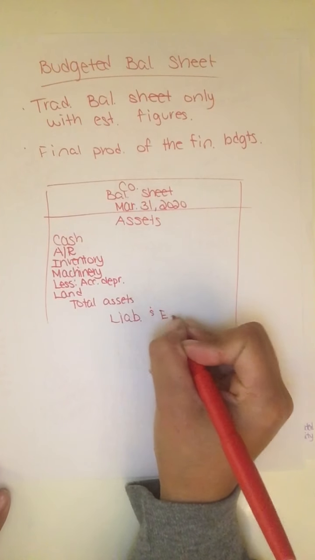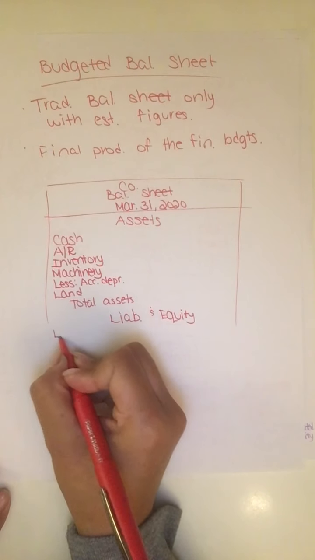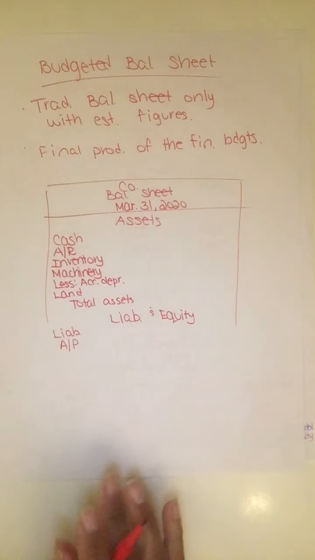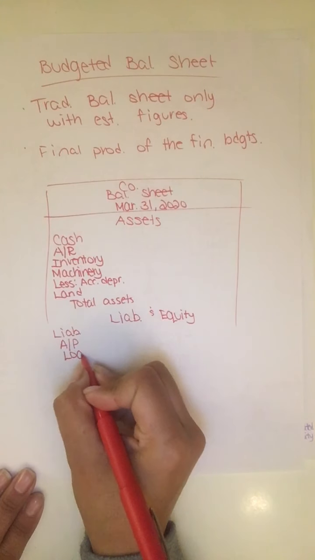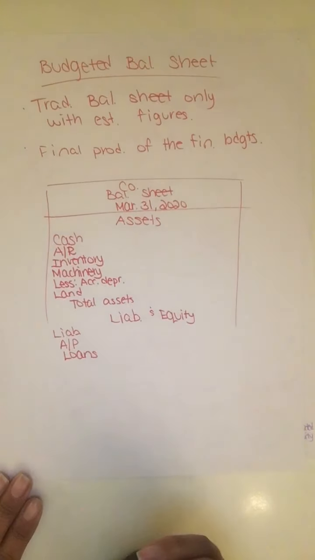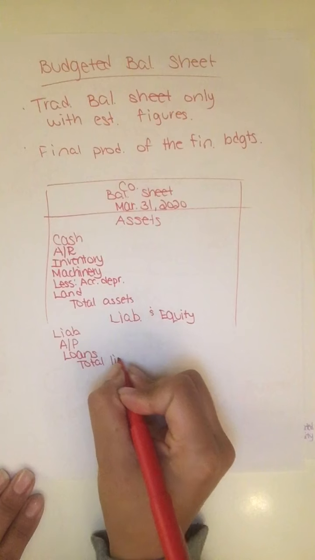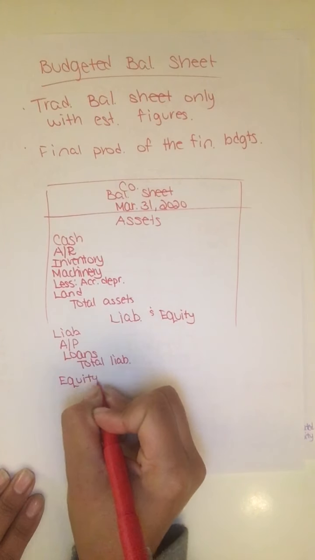Liabilities and stockholders' equity. We remember that. So under liabilities, you have your accounts payable. If we had any maybe short-term loans, although I'm not classifying it, so we'll just say loans. That gives you total liabilities. And then we go on to stockholders' equity.